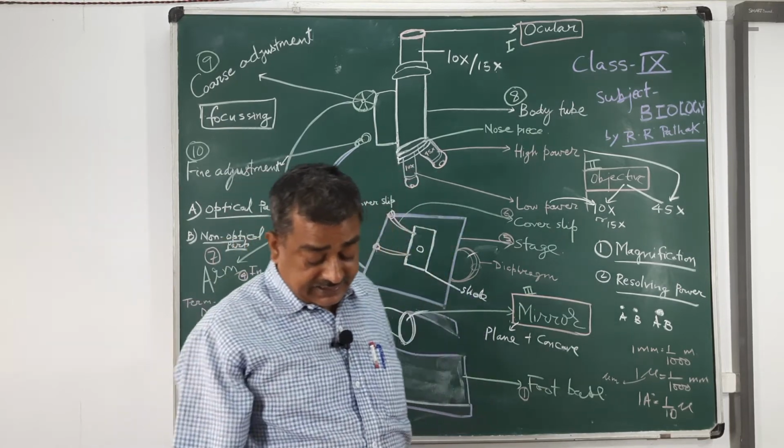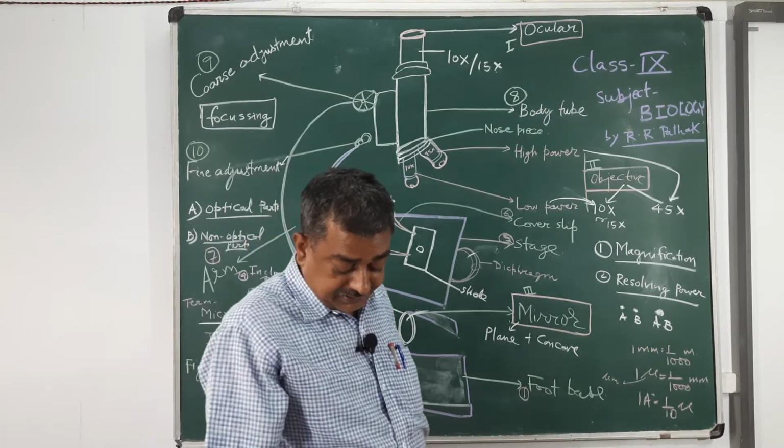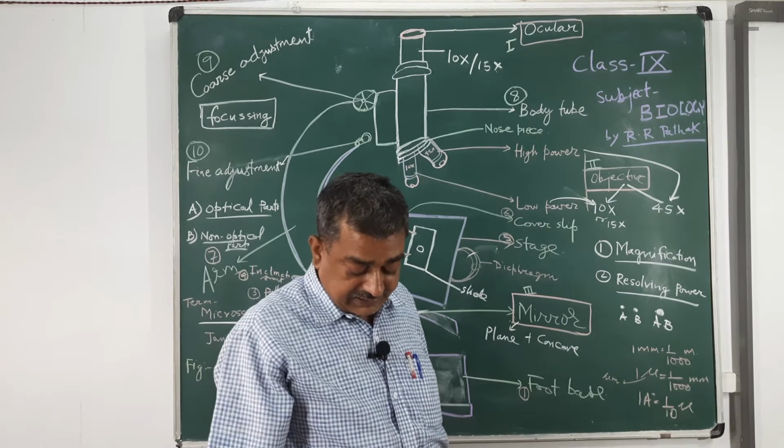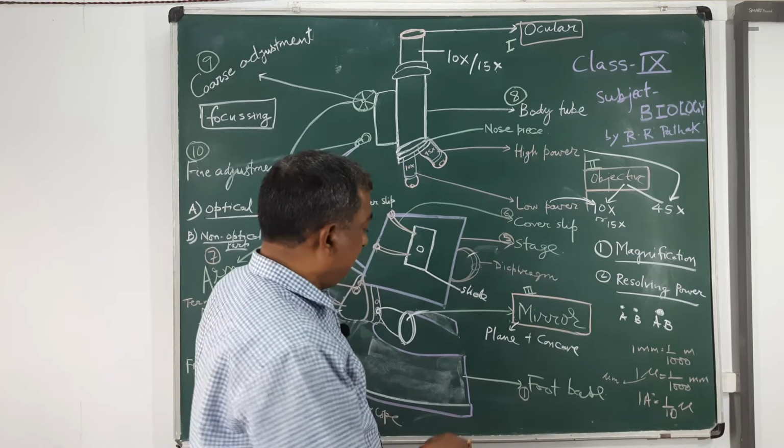If there is a distant source of light, or a feeble light, or a high power objective, light is focused by the concave side.